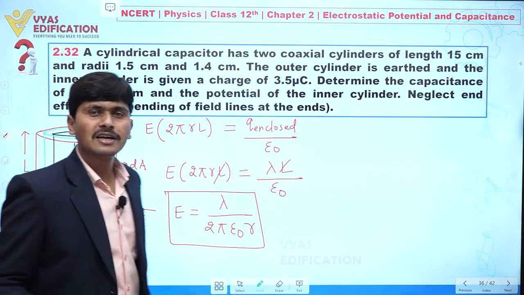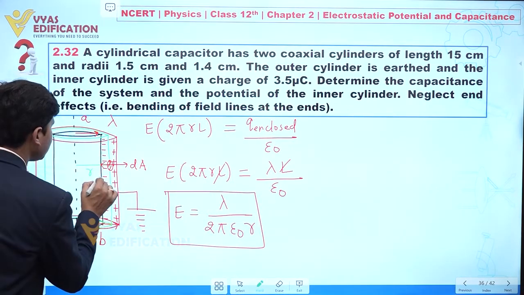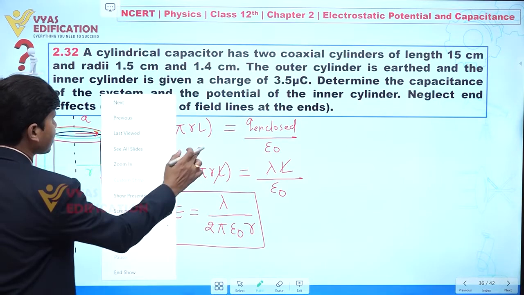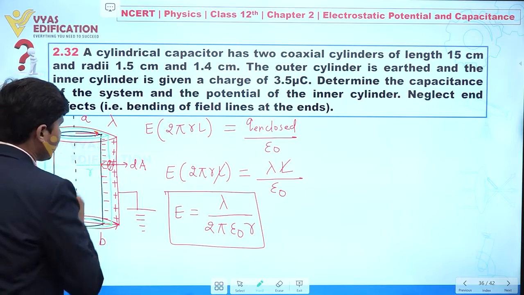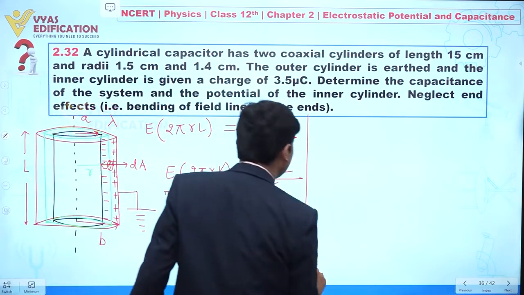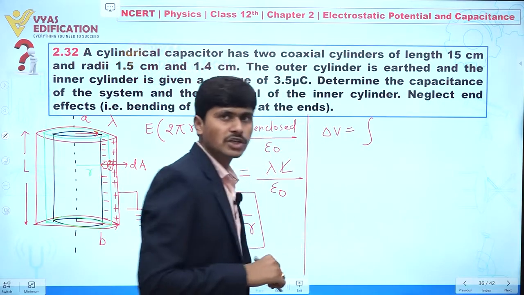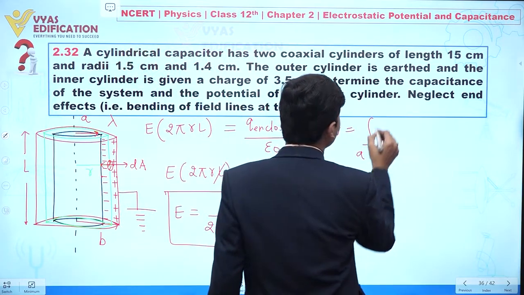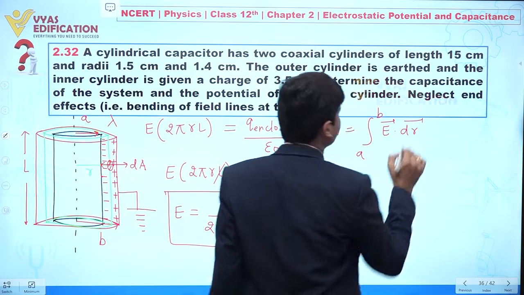Clear to everyone? Now our objective here is to find the potential difference between these two cylindrical surfaces. Clear? This one and this one. So how can we find it? We can write the potential difference, given by the integration from a to b of E dot dr. Yes or no?